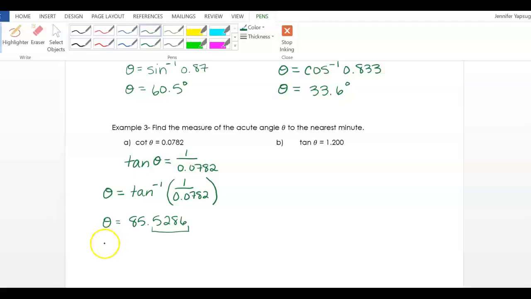So if you remember from our last lessons, I'm just going to take 85 and make that my degrees, and then I'm going to add this 0.5286 times 60 minutes to figure out how many minutes that would be. So that's 0.5286 times 60, and I'm going to round that to the nearest whole number. So I got theta should now be equal to 85 degrees and 32 minutes.